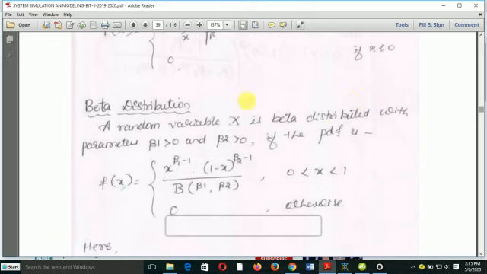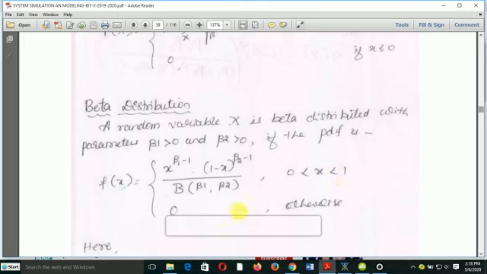We can also have another distribution, the beta distribution. We say that the variable x follows a beta distribution when we have two parameters, beta 1 greater than 0 and beta 2 greater than 0, and it is defined when x has a value between 0 and 1.